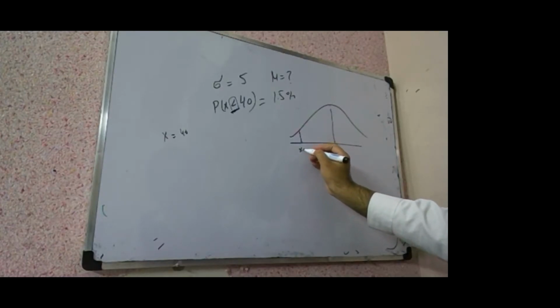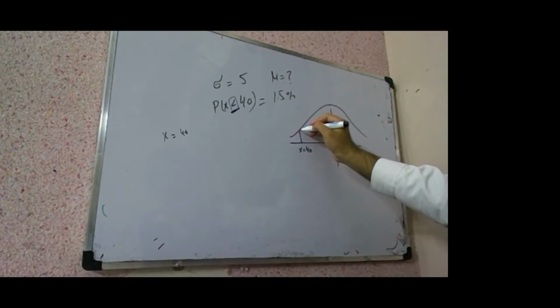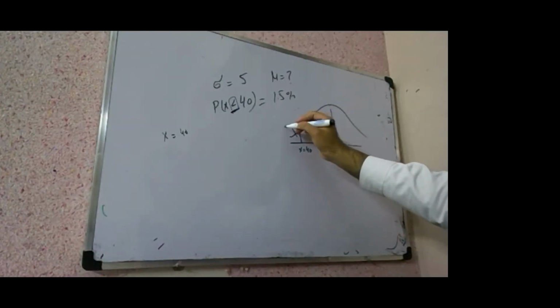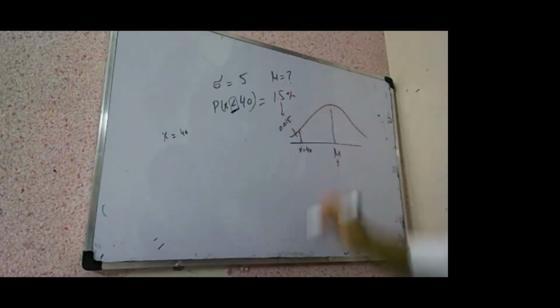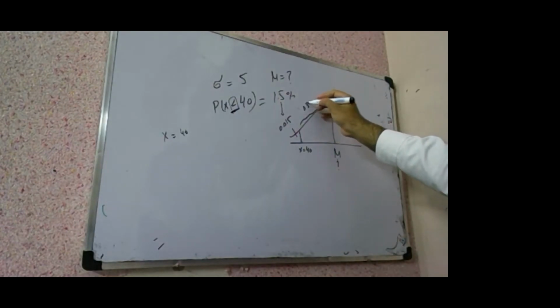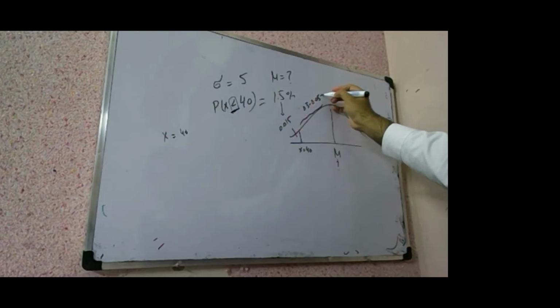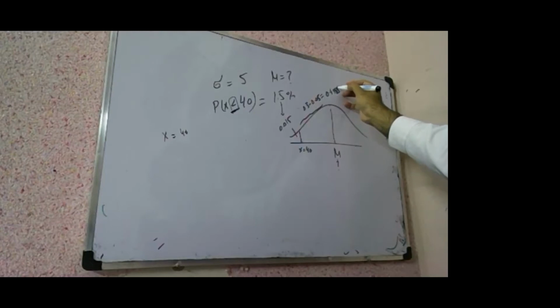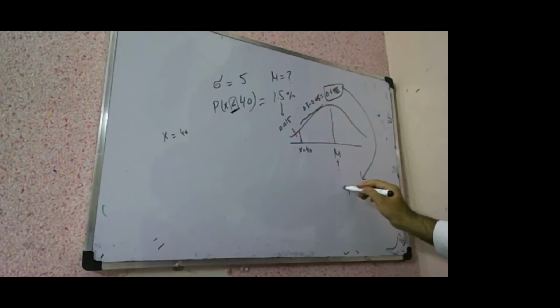X is 40 here, and this area is 0.015. So what will this area be? This area will be 0.5 minus 0.015, which is equal to 0.4985. Now look up this value in the Z table and get the Z value.